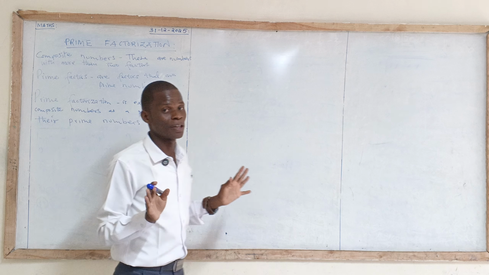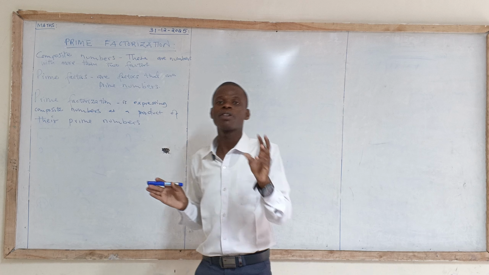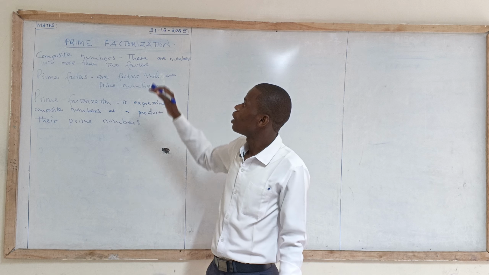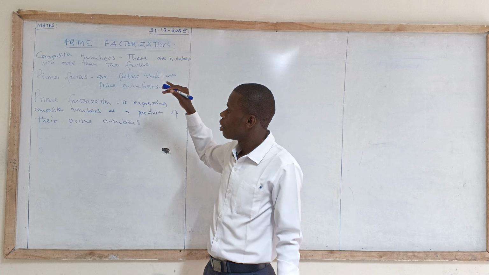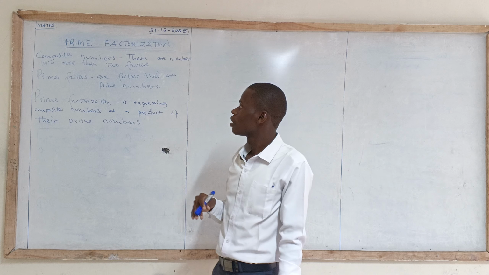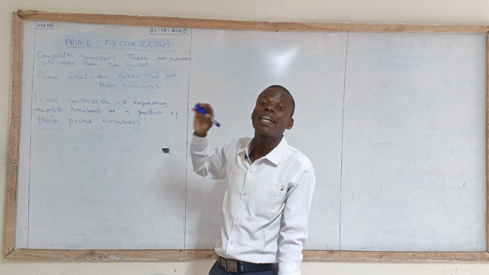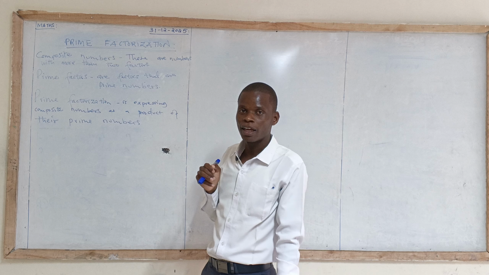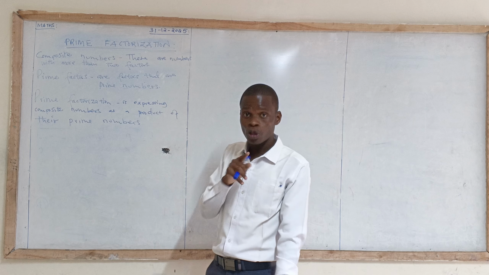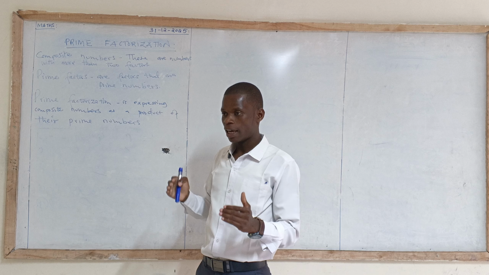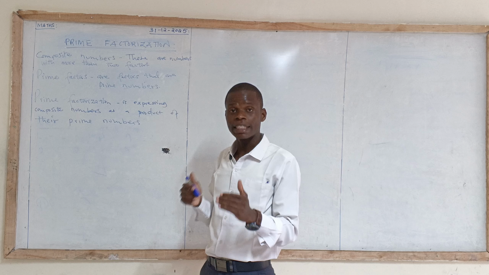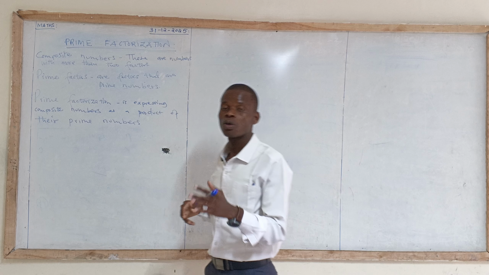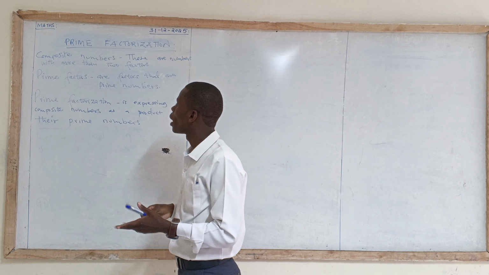So that is theory. We have talked about the definition of composite numbers, prime numbers, and prime factorization. So already you have a clue about what is supposed to be done. But we are not going to be satisfied until we do more than one example.